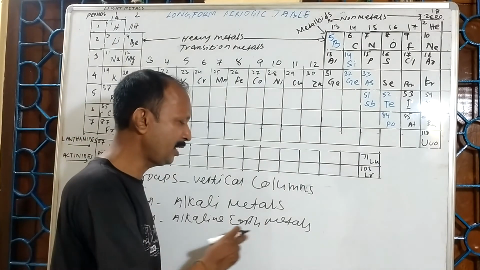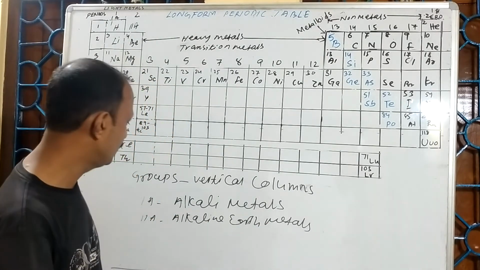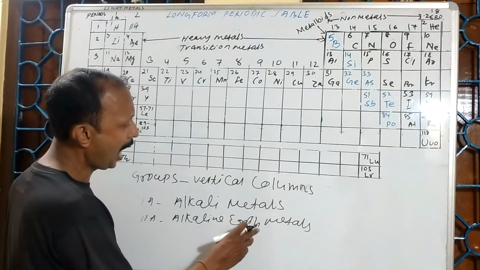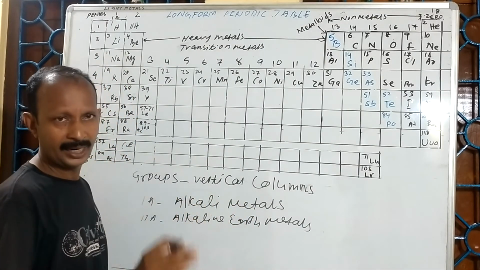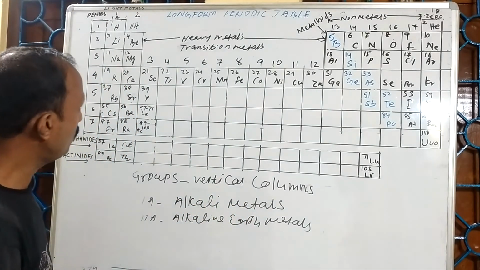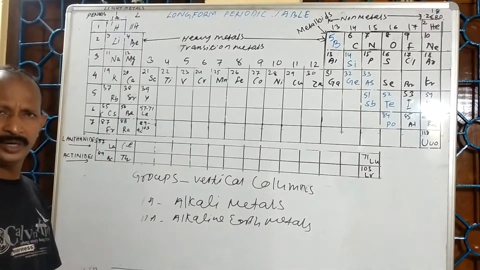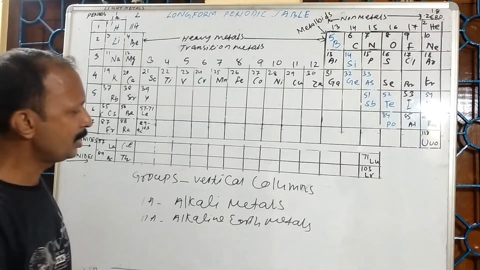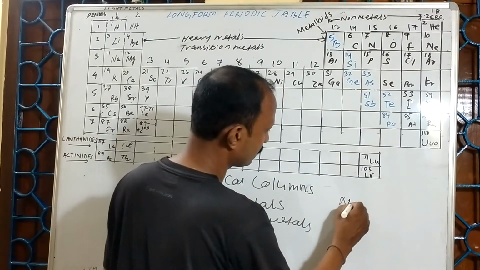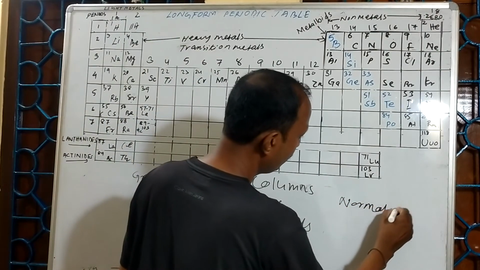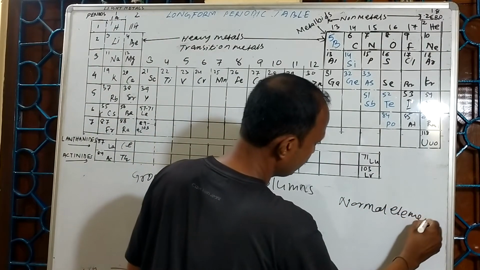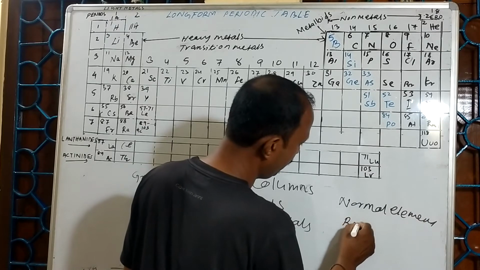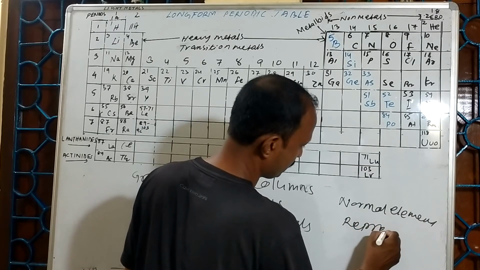They are available in the earth's crust, so we say they are the alkaline earth metals. Now in your 10th class we discuss the normal elements, or we can say representative elements.